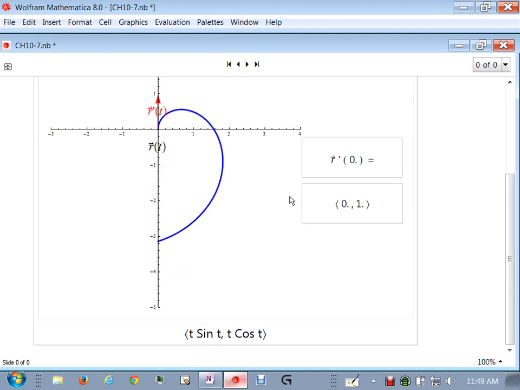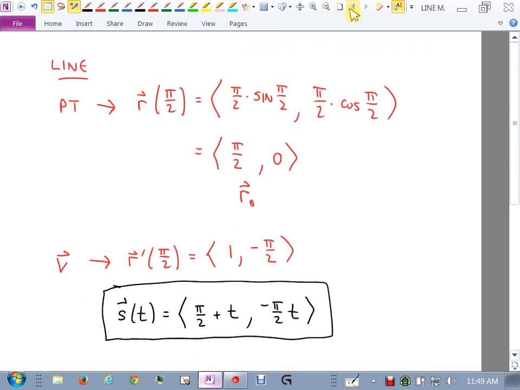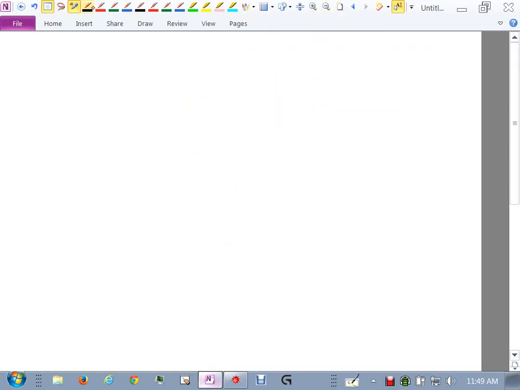Also, I'll point something else out to you. Back in Cal 1, if we wanted to find the equation of a line that's tangent to a curve, do you remember you would do something like y minus y naught equals the derivative at x naught, and then x minus x naught.